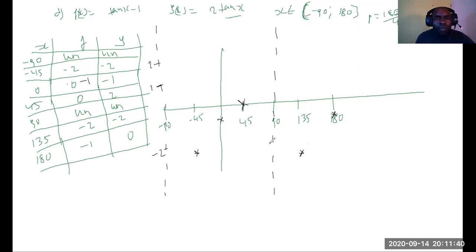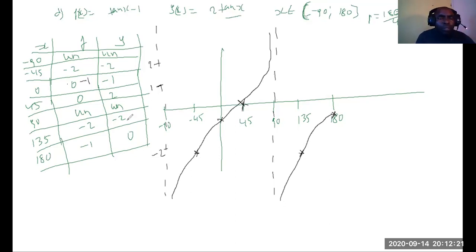So now I have got it coming from undefined all the way, then coming there all the way to here.